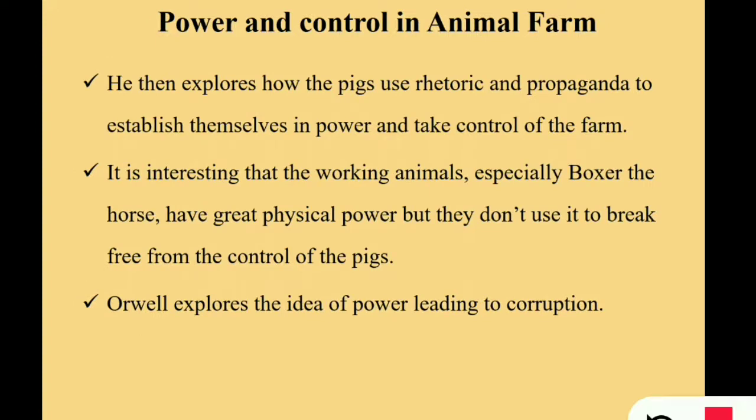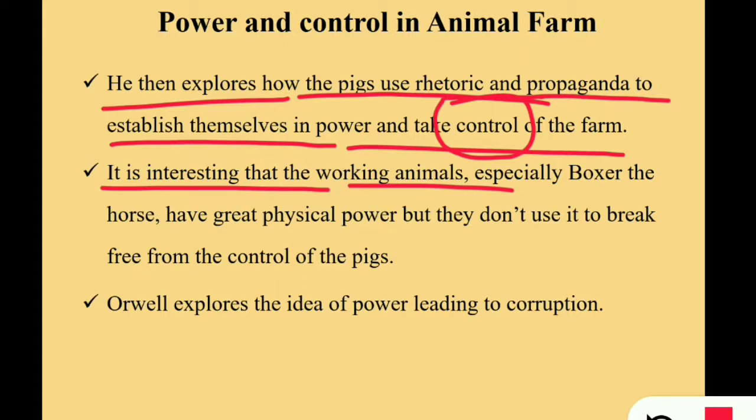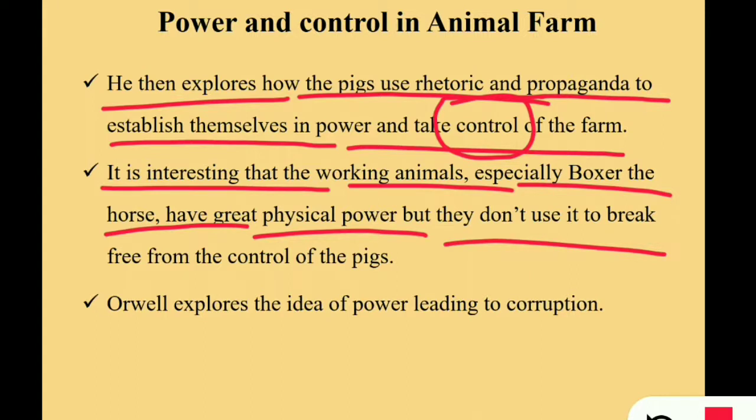He then explores how the pigs use rhetoric and propaganda to establish themselves in power and take control of the farm. Here, then it talks about controlling. Okay, control of the farm, control of the organization. It is interesting that the working animals, especially Boxer, the horse, have great physical power, but they don't use it to break free from the control of pigs.